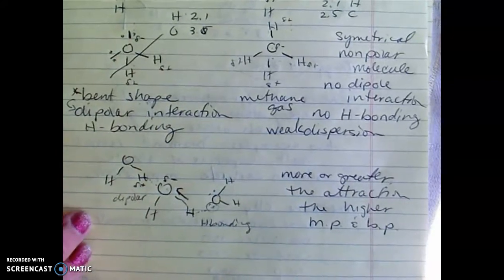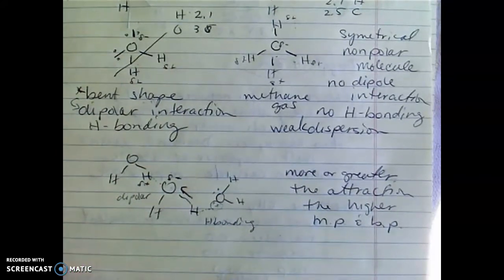And because the bond between hydrogen and oxygen involves one of the 3 atoms needed for hydrogen bonding, because it's a higher electronegativity value, you get hydrogen bonding as well. So with those 2 attractions, you get a much higher melting point and boiling point. That is it.